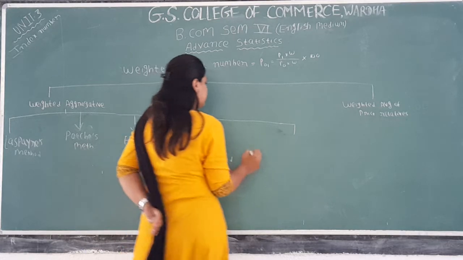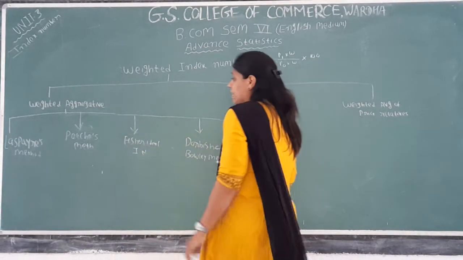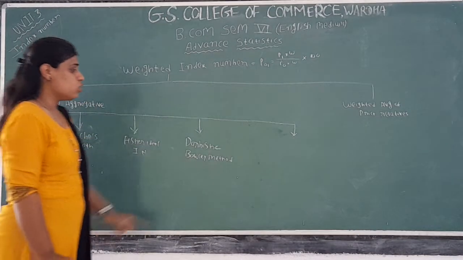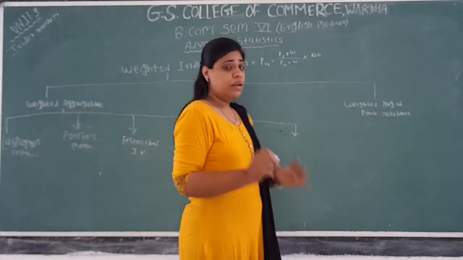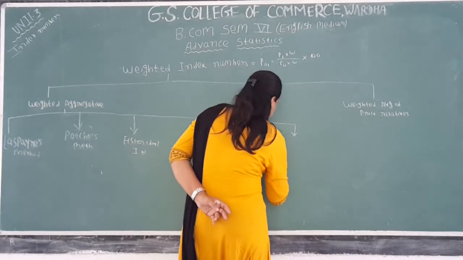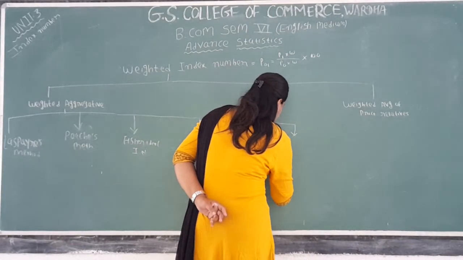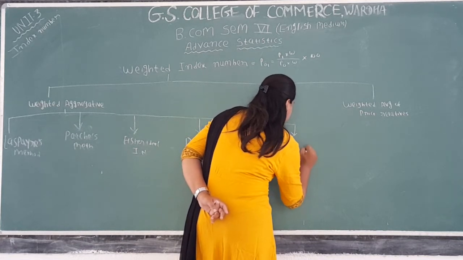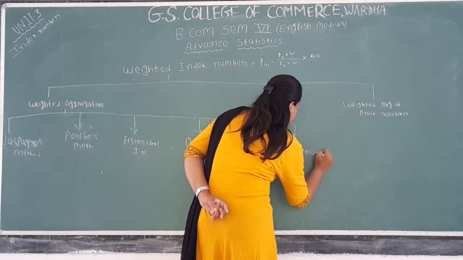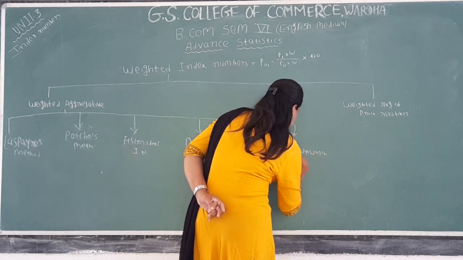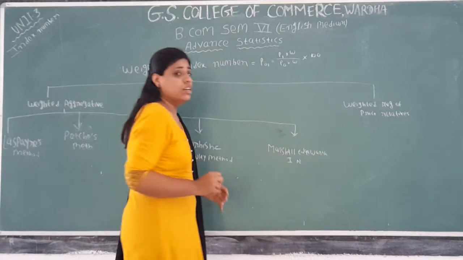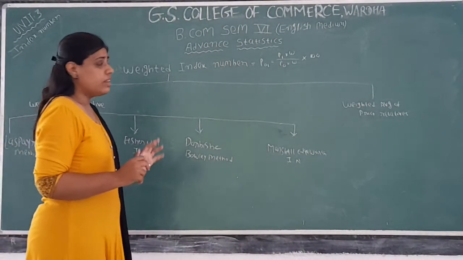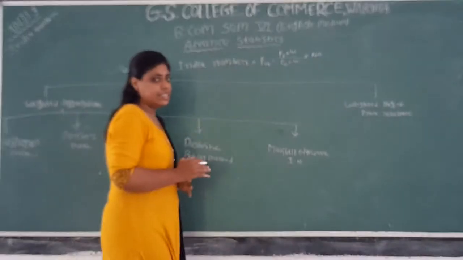And the last method that we have in our syllabus to calculate index number under the weighted aggregator index number method is of Marshall and Edgeworth. So we call this Marshall Edgeworth index number. These are the different methods that we use to calculate the weighted aggregator index number under the head weighted index number.